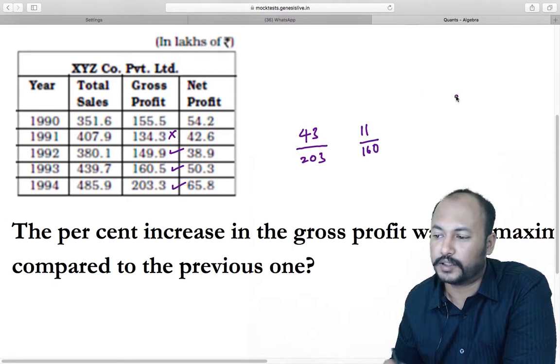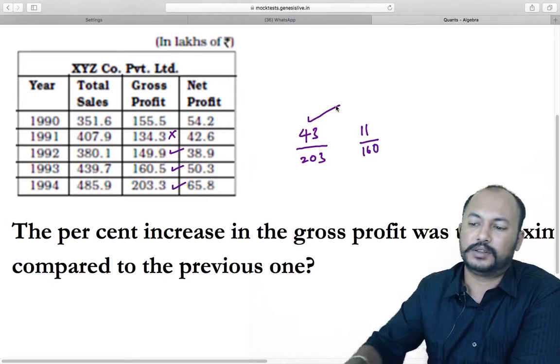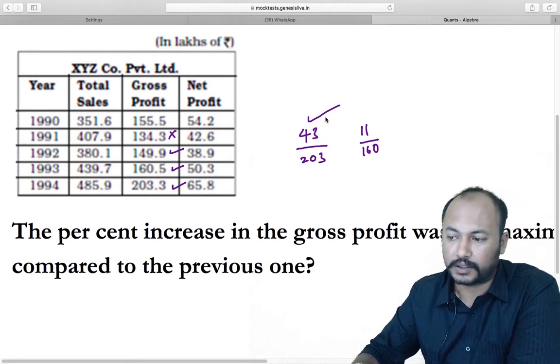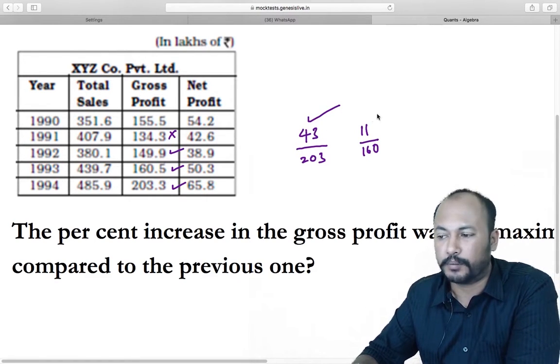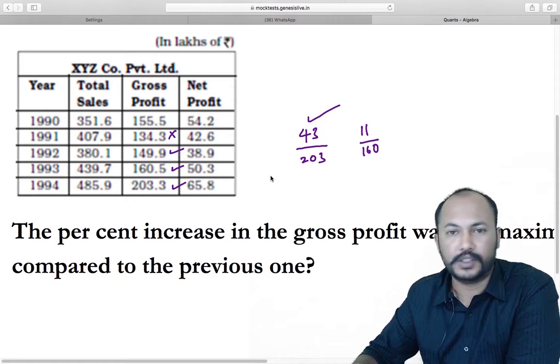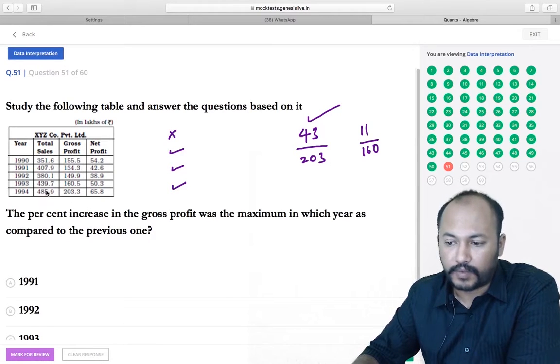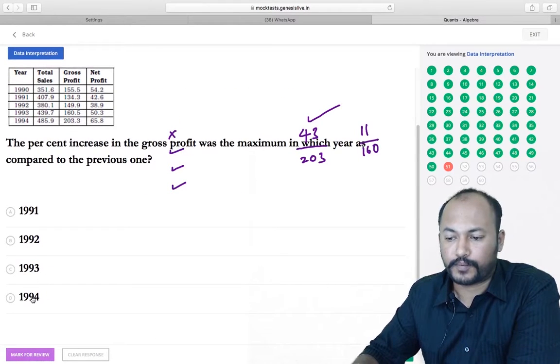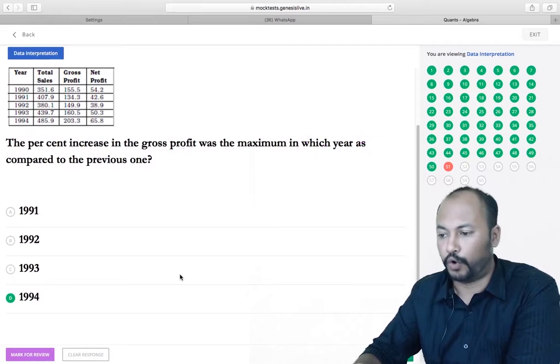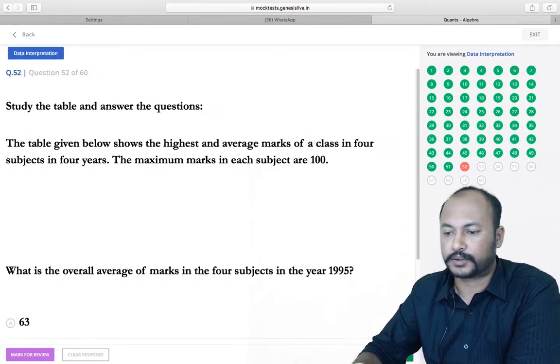The difference is around 15. So easily you can rule out the remaining options without even calculation, because 43 is way too high compared to the remaining numbers, and the denominator is just the addition of another 40 to 160. So it does not make a huge difference, like how 43 is making with respect to 11, right? Answer has to be 1994. Hope this is clear. Let's go to the next question.